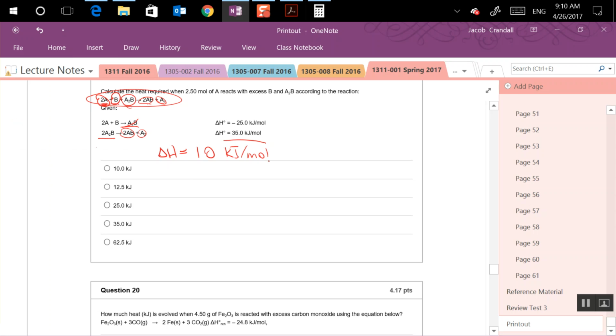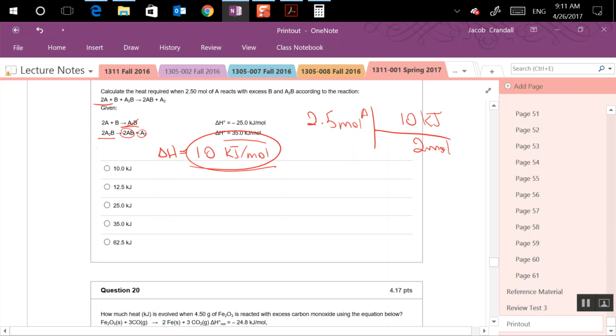Okay? And then it says it reacts with 2.5 moles of A. Well, 2 moles of A gives me 10 kilojoules of energy. Okay? So 2.5 moles of A for every 10 kilojoules per 2 moles. And that's going to help me determine how far I get. Does that make sense?